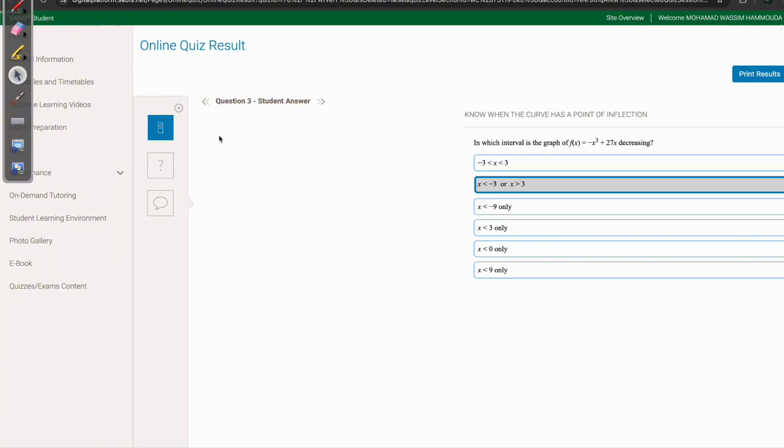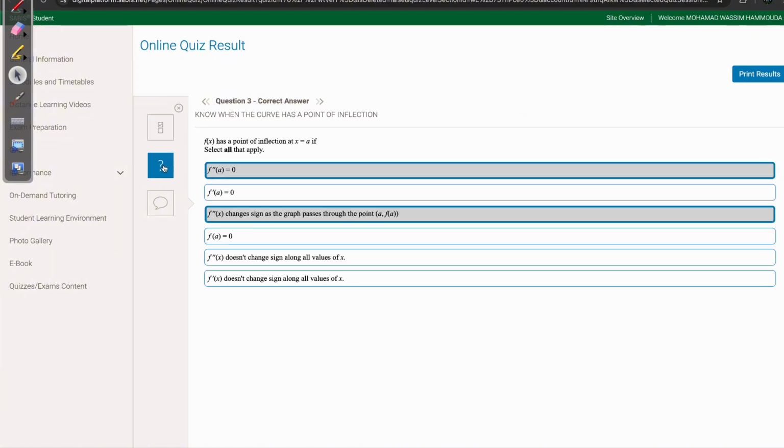Number 3. f of x has an inflection point at x equal to a. The inflection point is what makes the second derivative equal to 0. And not just that, the double derivative has to change sign when it passes through x, and then you substitute into f of x.